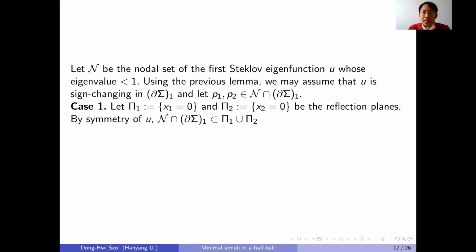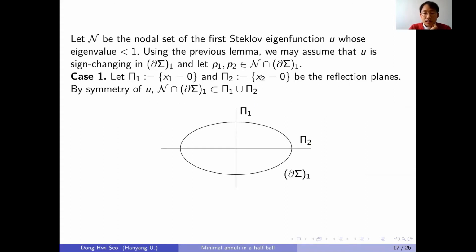So we can show that by the symmetry of the first eigenfunction, nodal points in our boundary component should lie on the reflection planes. If not, by symmetry of the first eigenfunction, we have 4 nodal points in this boundary component, which is a contradiction to the previous lemma. So we have nodal points lying on one of our reflection planes.